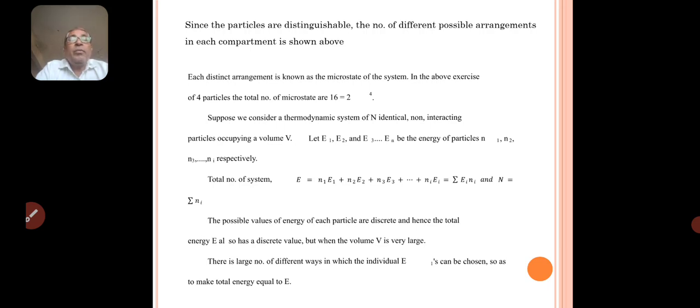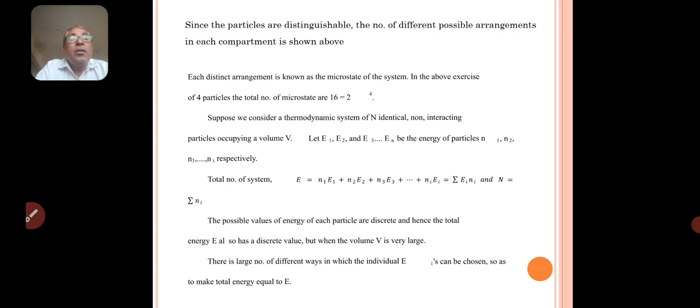The possible values of energy of each particle are discrete, and hence the total energy E also has discrete values.